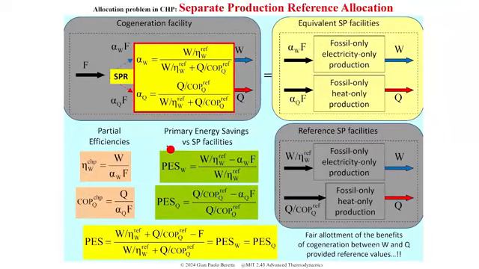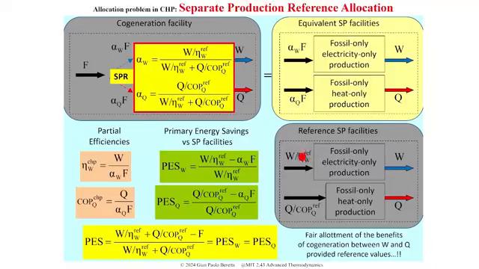So another more balanced way of reasoning, which took over later, is that some local or state energy authority defines in some standards reference values for the efficiencies of separate production of heat and work.